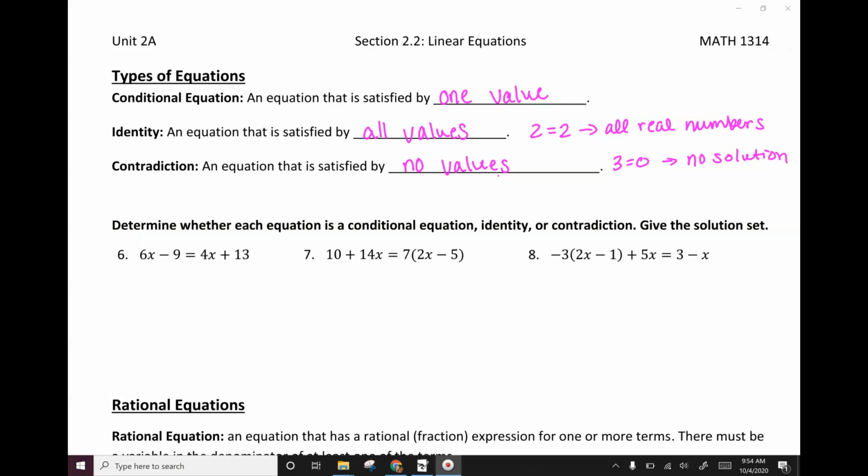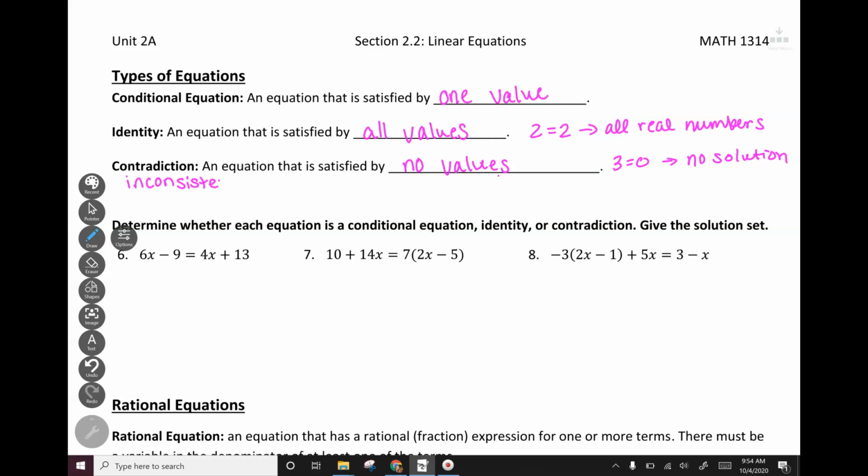Another name for this contradiction equation is an inconsistent equation. Okay, so either one, contradiction or inconsistent.